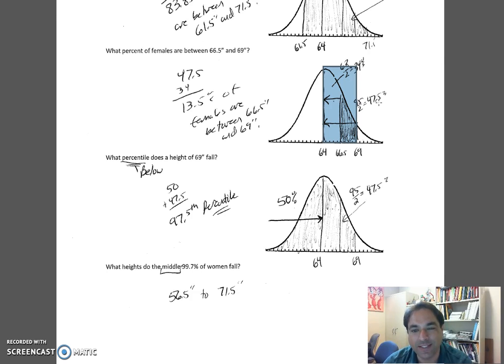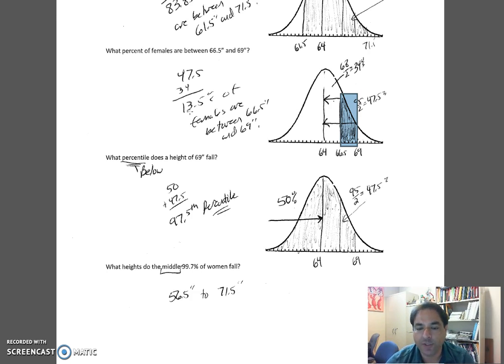But common sense is telling us we're not going to add these two numbers, because remember, 47.5 is shaded and 34 is not shaded. So if you truly understand this, I'm not going to add these two numbers. I'm actually going to subtract these two numbers, which is a small piece, which is what we're looking for, which makes sense. You get 13.5% of females are between 66.5 inches and 69.5 inches.